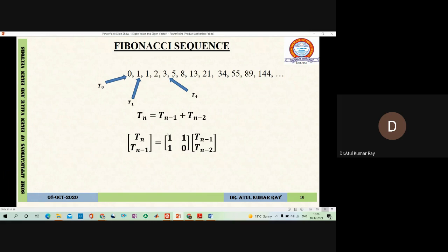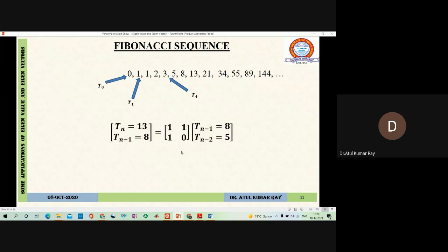If I simply multiply, you will have the above equation: Tn is equal to Tn minus 1 plus Tn minus 2, and then the lower equation will be Tn minus 1 equal to Tn minus 1, same. So with the help of these two equations, we have made this transformation. So here you got one transformation matrix, that is 1 1 0 1. So I'm going to find the eigenvalue of this.